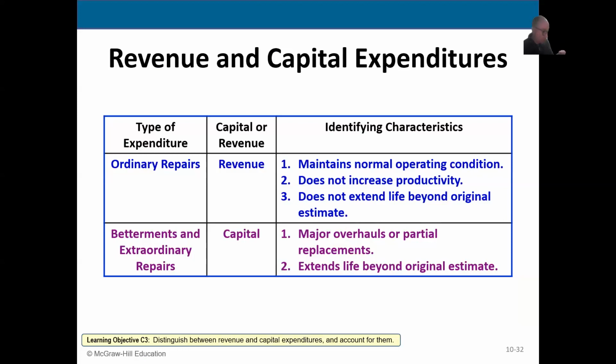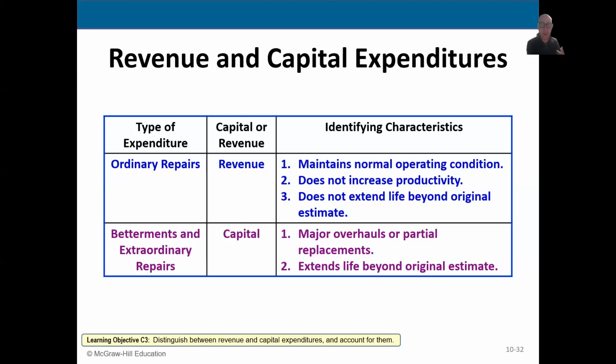Repairs. So earlier I gave an example where we replaced a transmission on a piece of machinery. That's a big deal. We call that an extraordinary repair. Not just because of the high cost of putting a new transmission in, it also extended the useful life of the machinery.